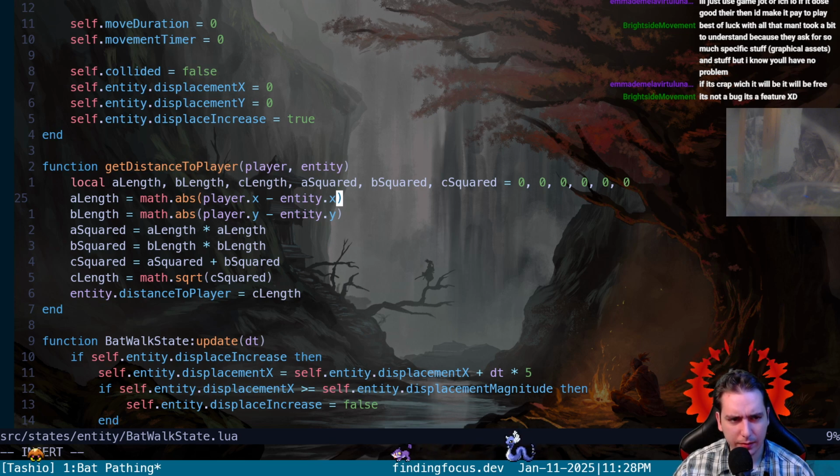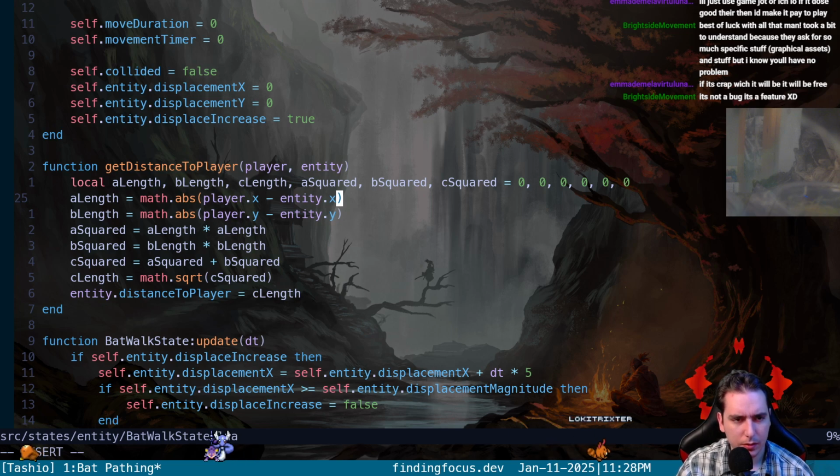Okay, so A length is the bottom, the x axis of our triangle, and we're taking the player x, subtracting the entity x, doing the absolute value.